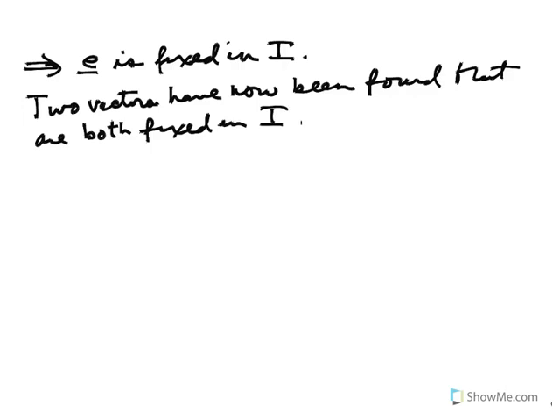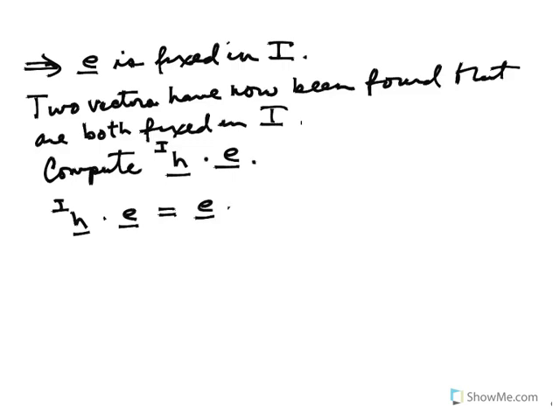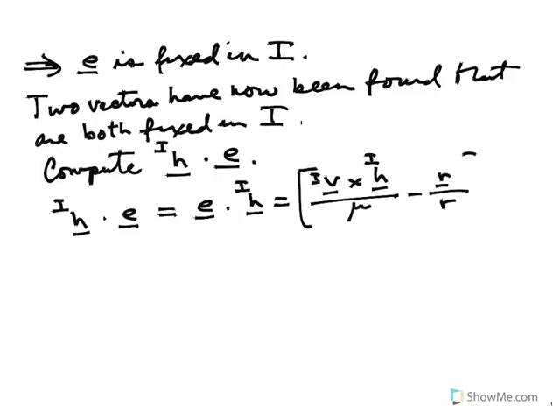So now, what's useful about this second vector? We observe the following quantity. Let's compute hi dotted with e. What do we get when we do that? hi dotted with e, which is also equal to e dotted with hi, is equal to vi crossed with hi all divided by mu minus r all divided by r, dotted with hi.